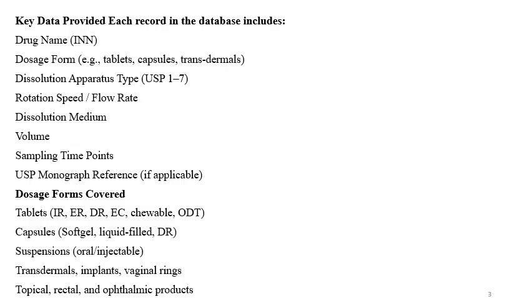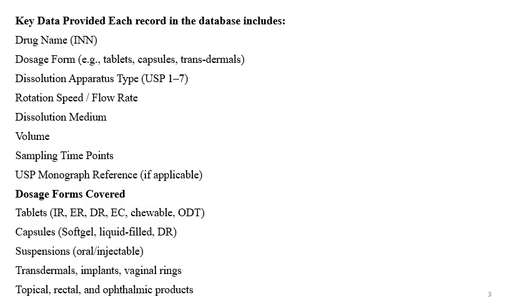If you want to check, you should have the drug name and dosage form information. Then you can get the information on the dosage forms like tablets, capsules, dissolution apparatus, rotation speed or flow rate, dissolution medium, media volume, sampling time points, and whether a USP monograph reference is available.